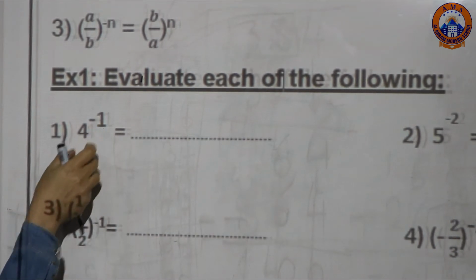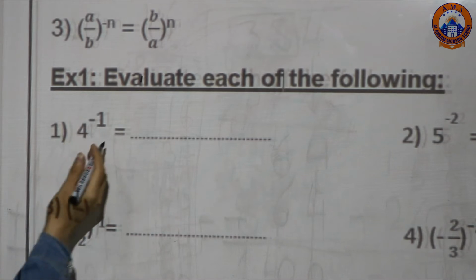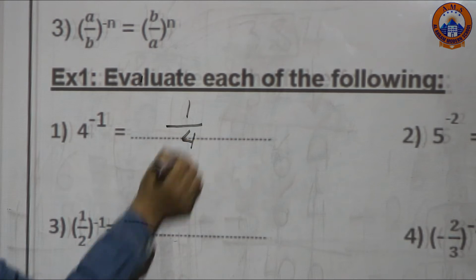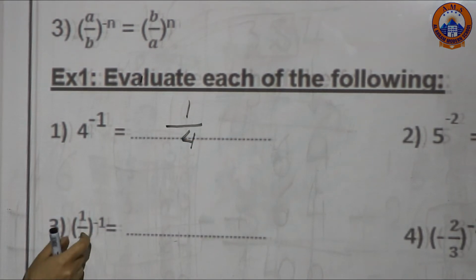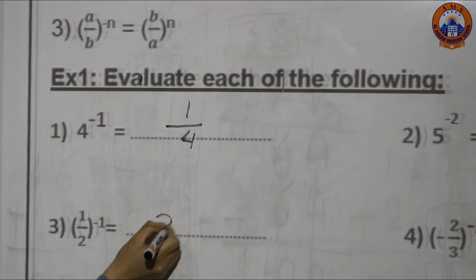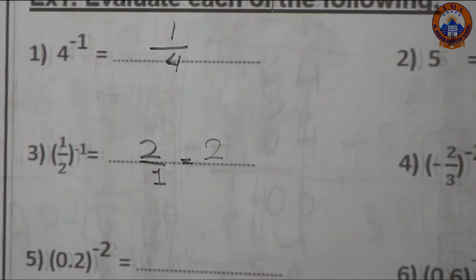Exercise number 1. 4 to the power negative 1, our target is to make the power positive, so you have to put the number down. It will be 1 over 4. 3, 1 over 2, all to the power negative 1. To make the power positive, you have to flip the number inside, so it will be 2 over 1, which equals 2.